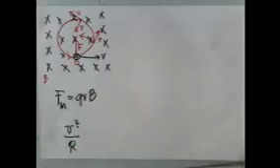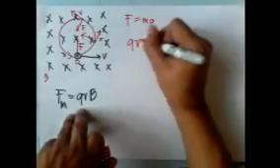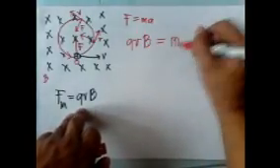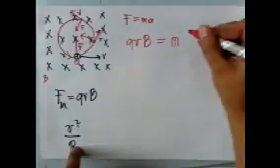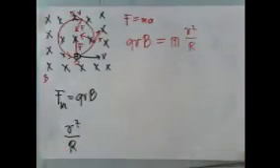Using Newton's second law, F is equal to ma. So our F here is equal to qvB, or the mass of the particle times the centripetal acceleration, which is v squared over r. So that is the relationship.